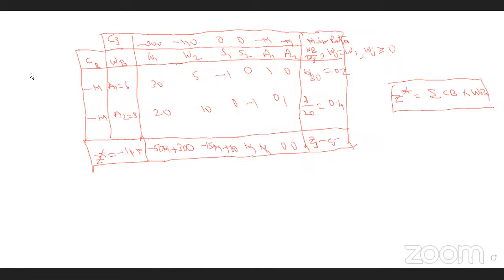So what is the minimum ratio here? This is known as the leaving vector, LB is the leaving vector. The most negative value here is the EV, the entering vector. The intersect point is known as KE, the key element.